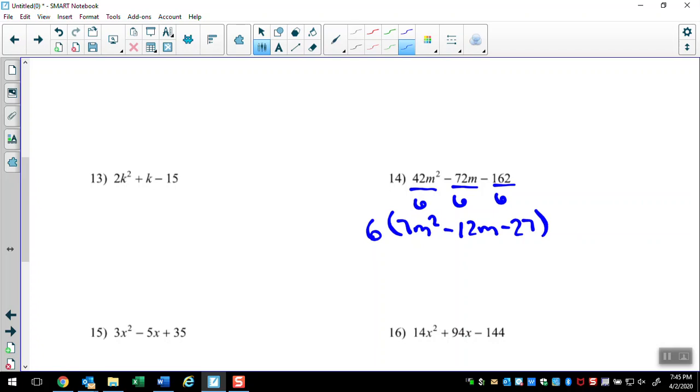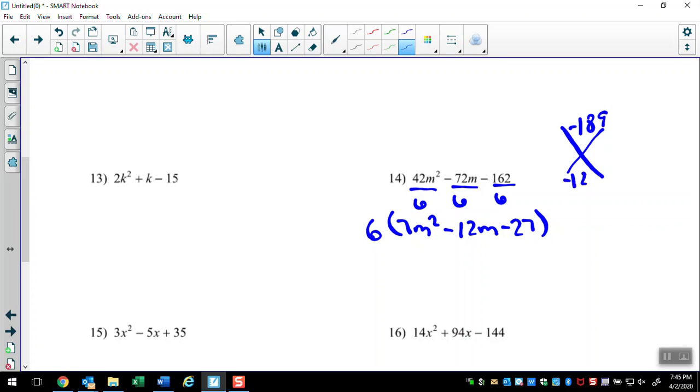Now we can go ahead and do our magic x. So now I have to do 7 times 27, which gives us negative 189. And then it has to add up to a negative 12. So remember, we're only using this trinomial now.